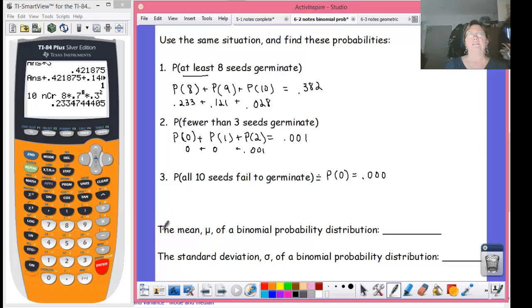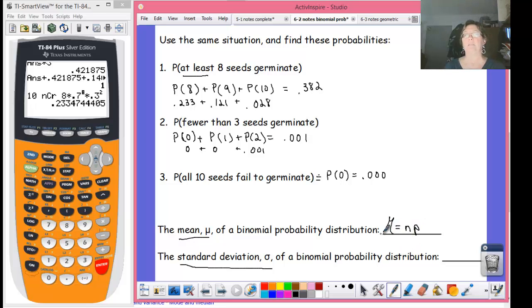Now we'd like to add some information to your knowledge about binomial probability distributions. As we talk about a probability distribution, of course we're interested in its mean and in its standard deviation. And for a binomial probability distribution, the mean is easy to figure. We use the population mean because we're talking theoretical, and it is the number of trials times the probability of success on any one trial.